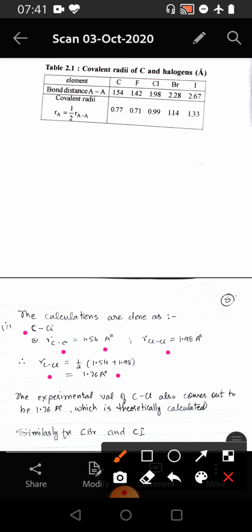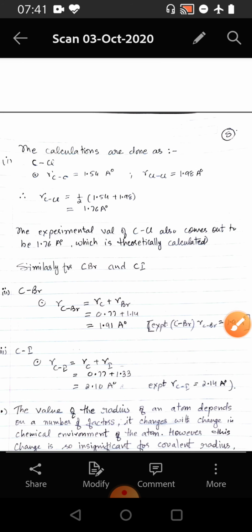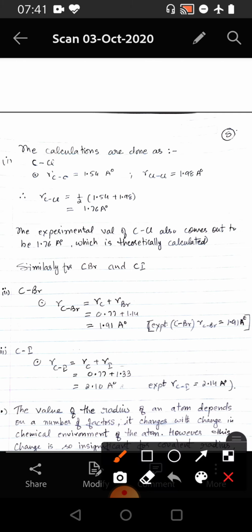So, this is the bond distance, and the experimental value of the C-Cl bond distance also comes out to be 1.76. So, we can say that the theoretical calculation and the experimental value are in fine agreement.